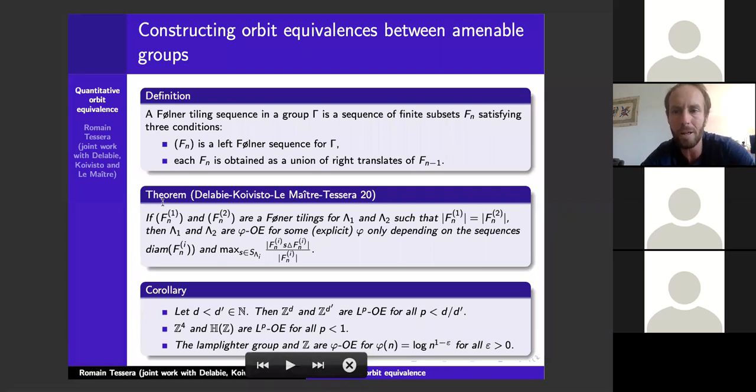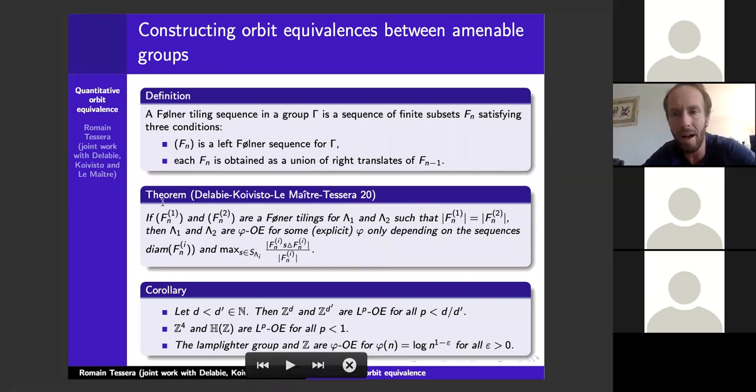And it's kind of funny because the way we proceed, we found a way to construct explicit actions of both groups which are orbit equivalent. And we control pretty well the integrability condition. It's very concrete. Unfortunately, I don't have enough time to explain, unless you want to ask me during the questions, but I won't probably have time to explain the precise construction, but it's a very, very explicit one.